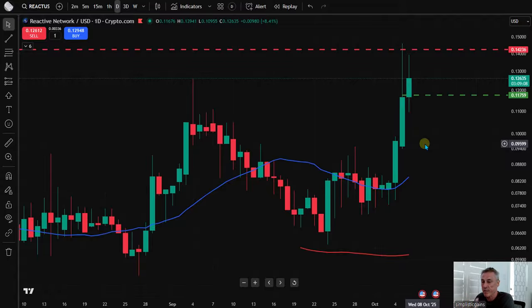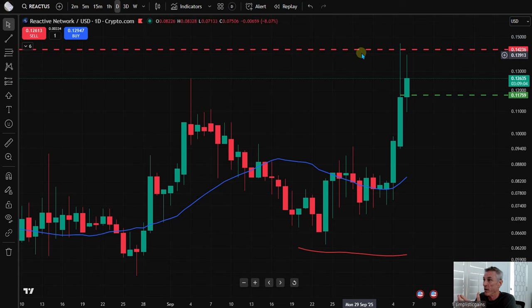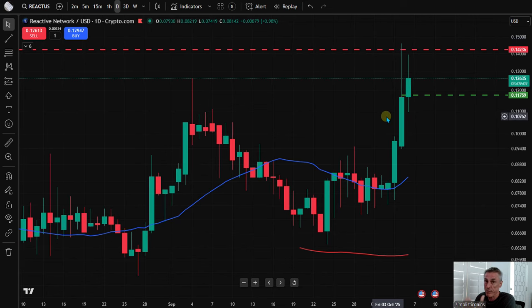Now, our Patreon members know how to set up these charts. They know what this red dash line is up here as far as a measured move, and why it was a resistance, and why it was high probability that we were going to get a pullback there. And also where the green dash line is for support.